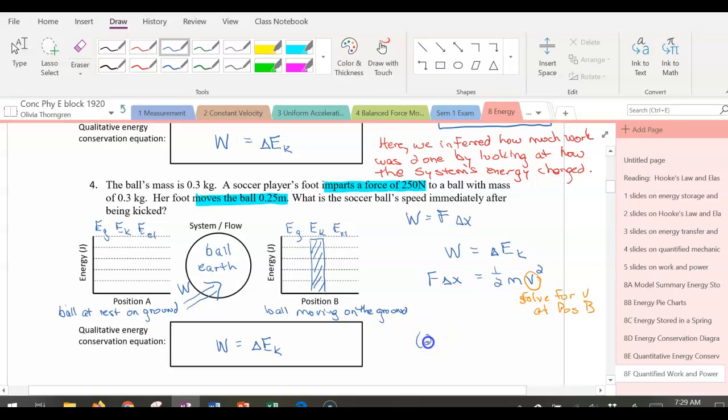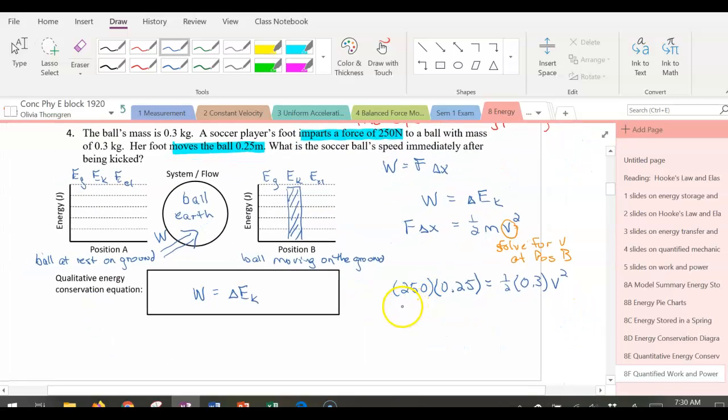The force was 250 newtons, and that force was applied while the ball moved 0.25 meters. The ball's mass is 0.3 kilograms, and then of course I'm going to solve for V. Okay, so V is going to be the 250 times 0.25 divided by 1/2 and divided by 0.3. And then I really want to find the V, not V squared. And so I'm going to have to take the square root of this.